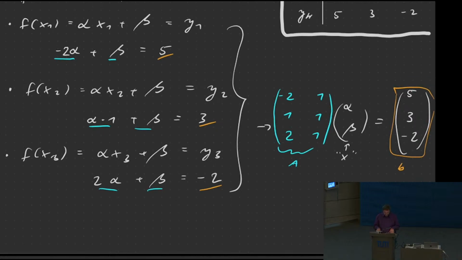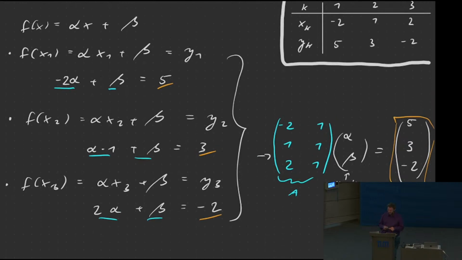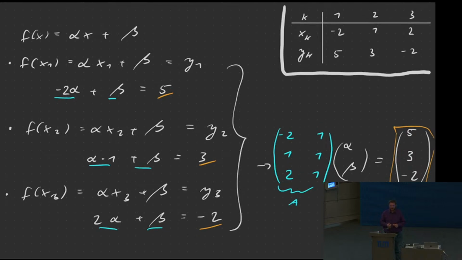And again, I said this is infeasible. So the task is to find the least squares approximation for that. Preferably using the method we have just discussed. Okay, so let's see if we can solve that from this point on. Again, here's the data if you need that anymore.